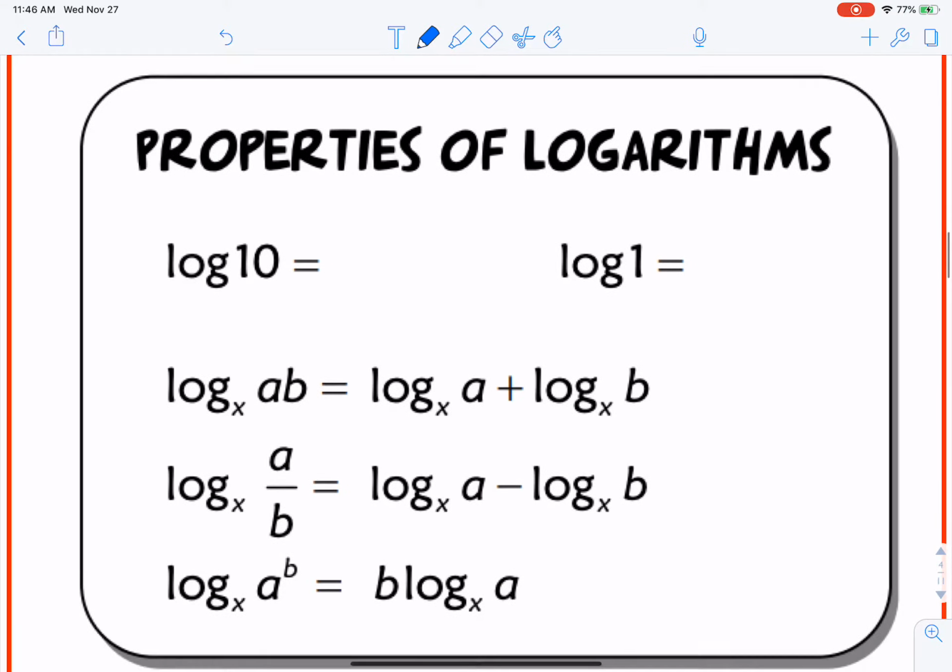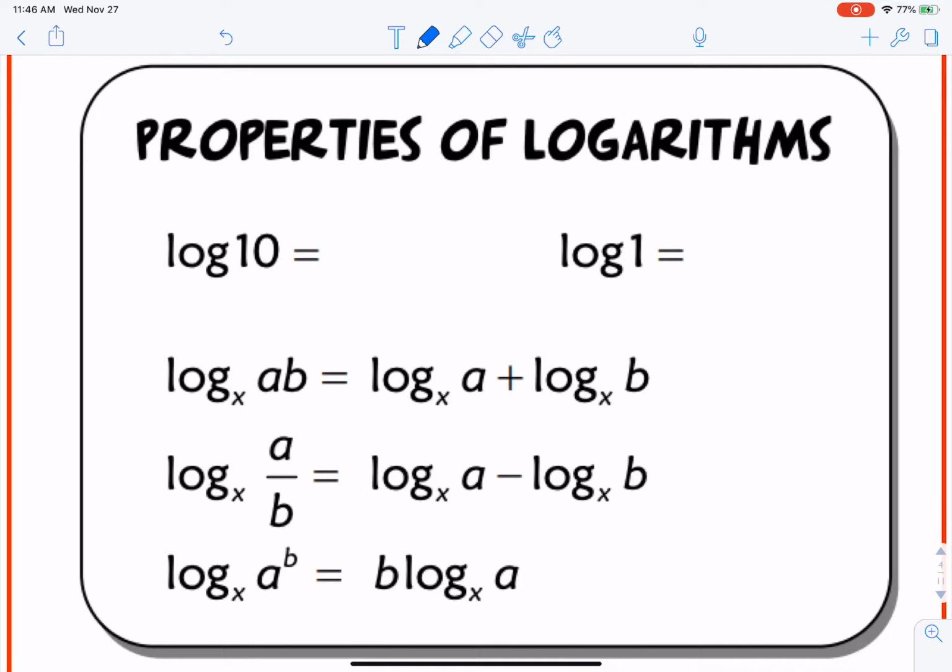So to expand on some of these properties a little bit, remember when there's no base for the log, we call it base 10, and that's our common log. So log base 10 of x is the same thing as 10 to the x power is equal to 10. So we would say that this here is equal to 1.